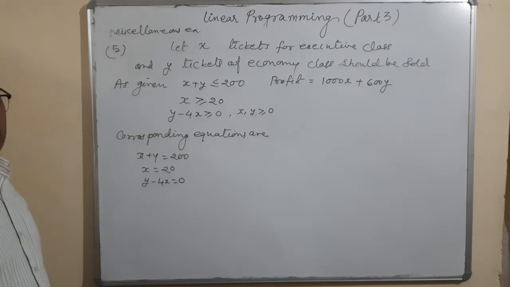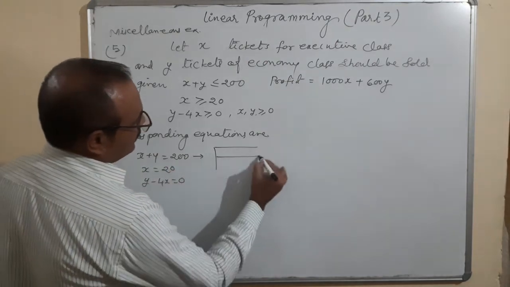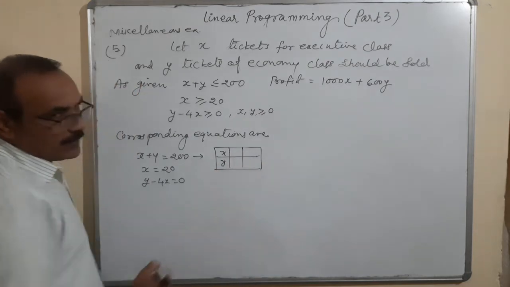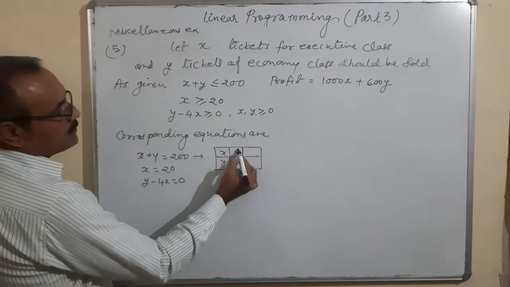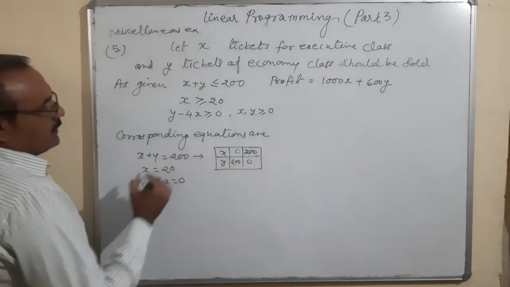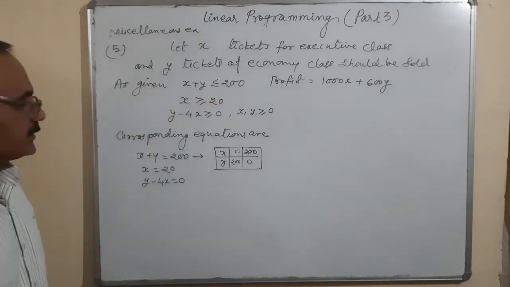For these three, I'll make a table. In short, I am doing everything quickly because you know how to find the values. When I put x is equal to 0, y is 200. When I put y is equal to 0, x is 200. And it contains the origin.